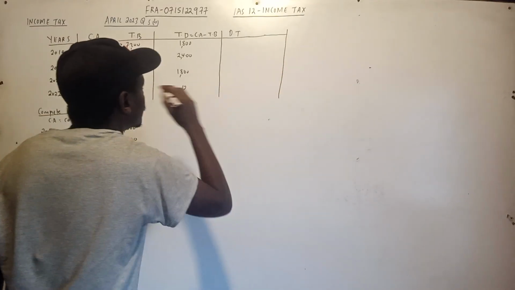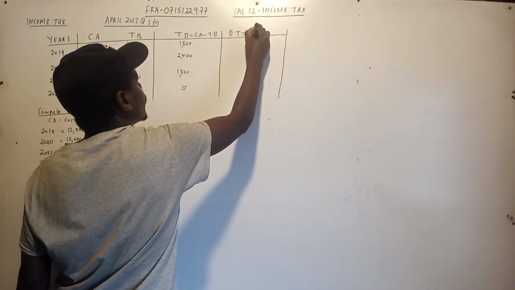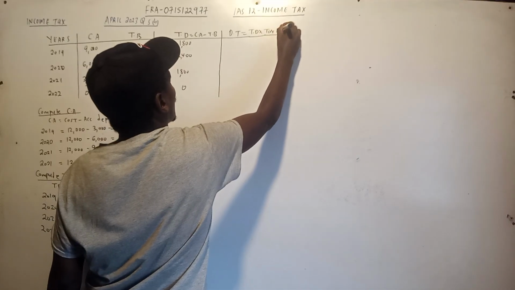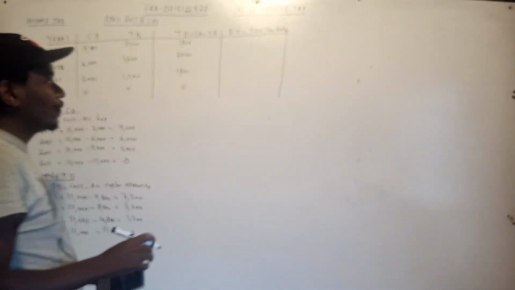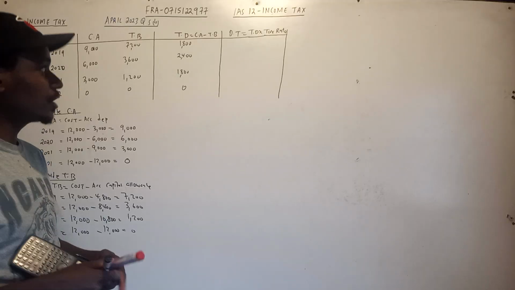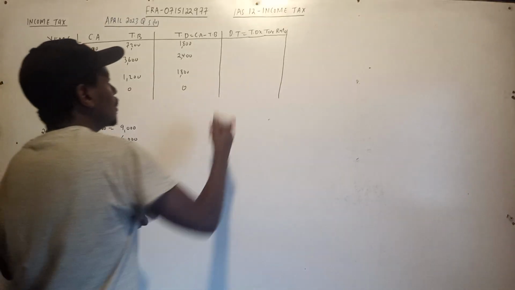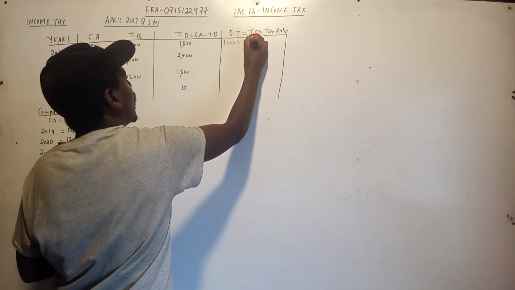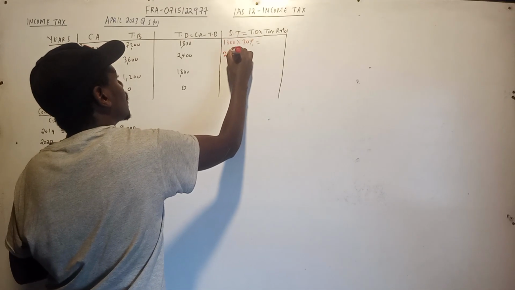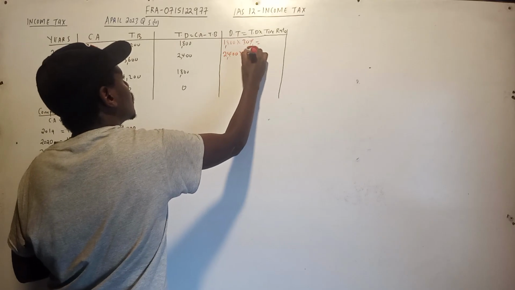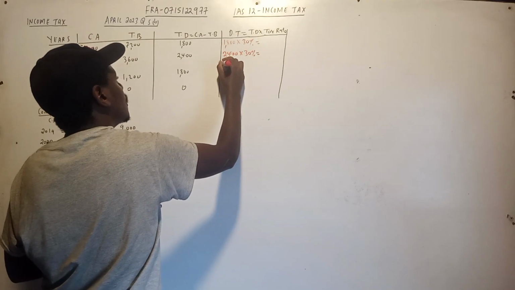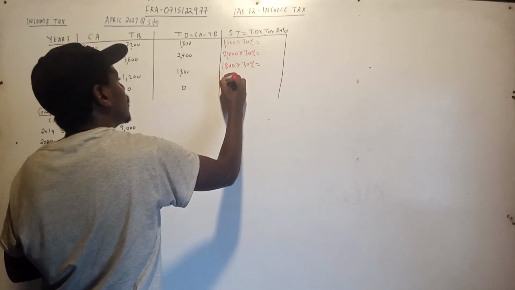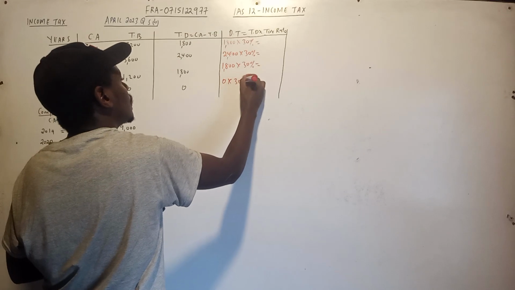Now deferred tax is equal to temporary difference times the tax rate. In this case, our temporary difference is 1,800 times 30%, 2,400 times 30%, 1,800 times 30%, then 0 times 30%.